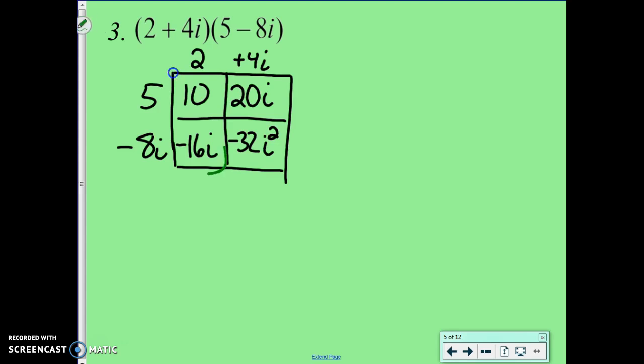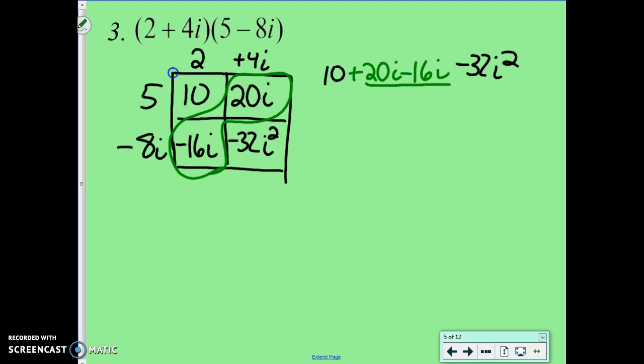Again, we notice like terms. This is going to give us 10 plus 20i minus 16i minus 32i squared. Like terms here, we're going to combine those, and we're also going to remember i squared is equal to negative 1.